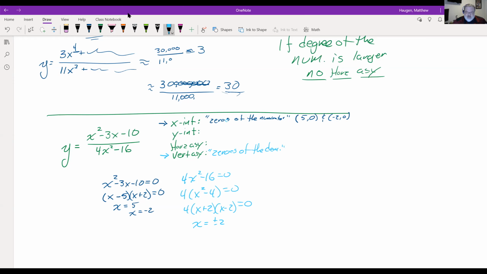Okay, what does that mean about our vertical asymptotes? Quick question. You can also factor that as 2x plus 4, 2x minus 4, or 4x plus 8 and x minus 2. How does that affect it?